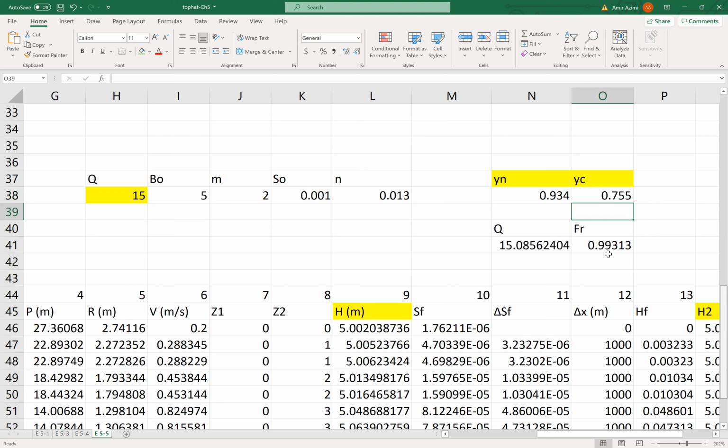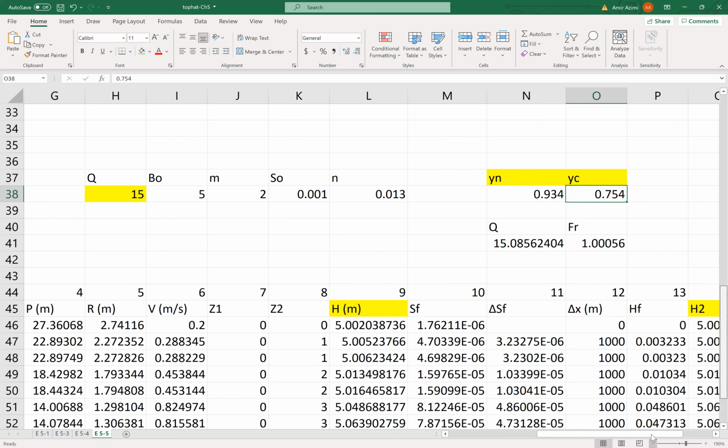Okay, we are close. Now I have normal depth is 93 centimeters, and critical depth is 75 centimeters. These two numbers determine that the channel is mild, so I'm going to have an M1 curve.